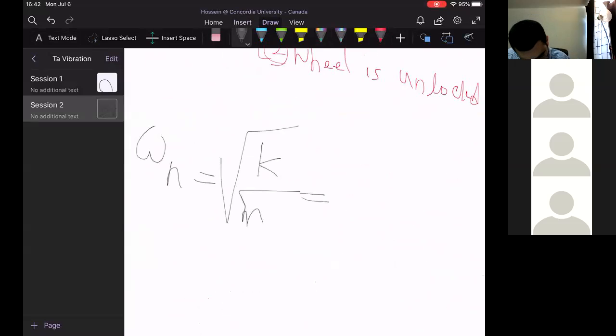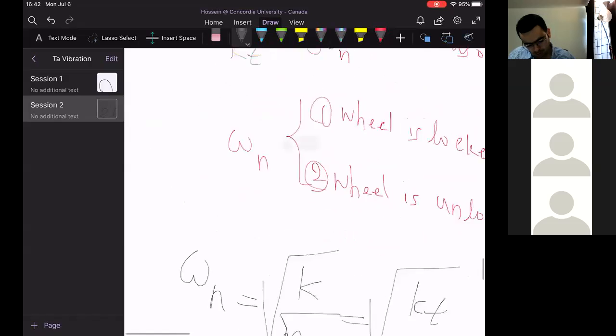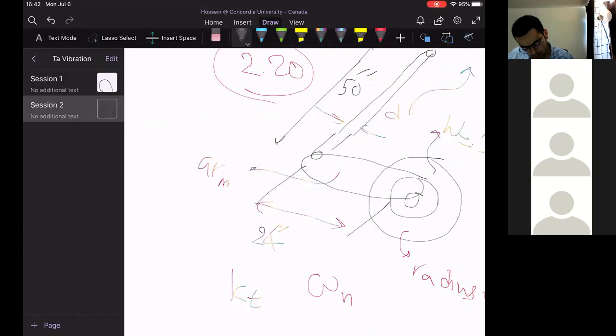For a torsional system like here, it is equal to torsional stiffness over the mass moment of inertia around point of rotation O. O here means this point, this axle, this axis.